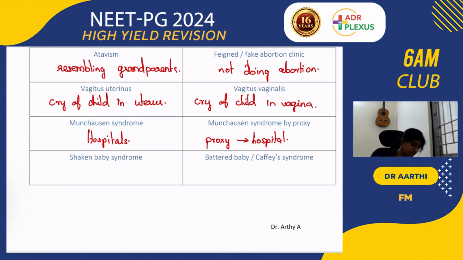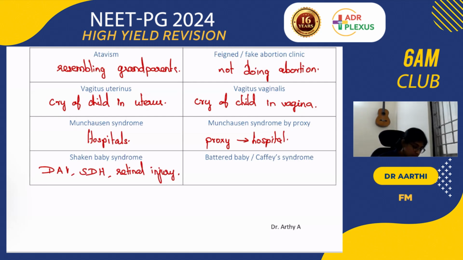Now, this shaken baby syndrome produces three things. One is diffuse axonal injury, okay, acceleration, deceleration trauma, subdural hemorrhage, and retinal injuries. Instead of diffuse axonal injury, they can also mention just edema in the brain is seen.